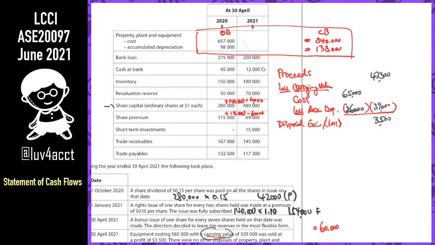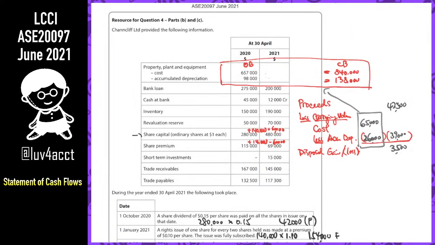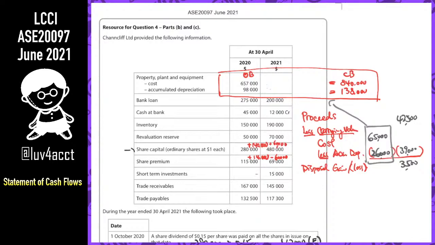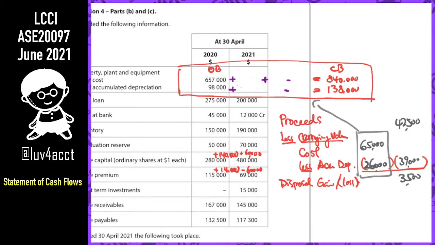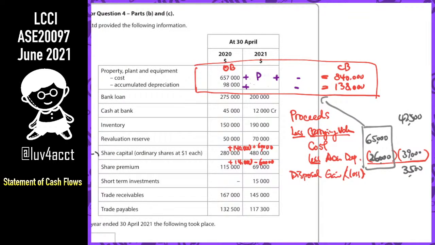And this goes back to the movement of the non-current asset. What goes into here? You have several items. For the cost, if you have purchases of new non-current asset, property, plant, and equipment, it is an addition.